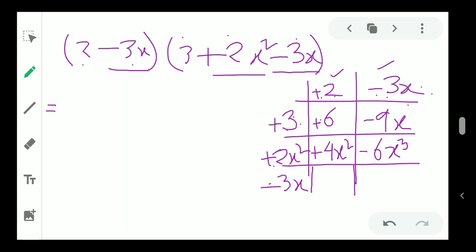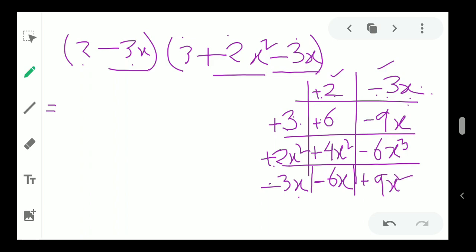Now this one, my 2 and 3, so plus 2 and minus 3, that is minus, 3 2s are 6x. And the last one, minus and minus, that is basically plus, 3 3s are 9, and we have 1x here and another x here, so 2 x's being multiplied, that is our x squared.